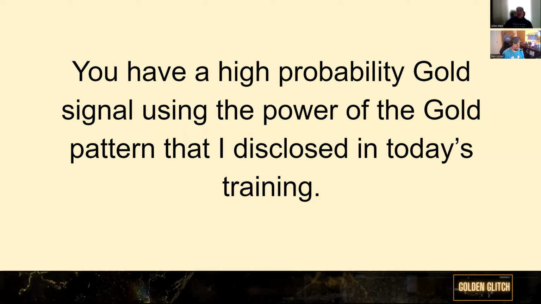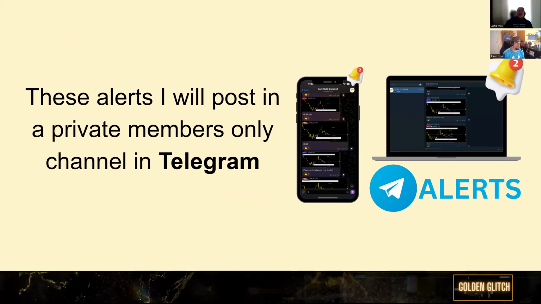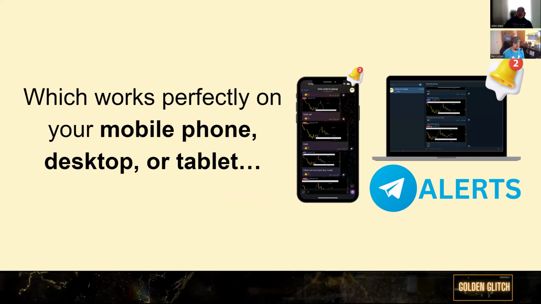You have a high probability gold signal using the power of gold pattern that I disclosed in today's training. These alerts will post in a private members only channel in Telegram, which works perfectly on mobile phone, desktop, or tablet.